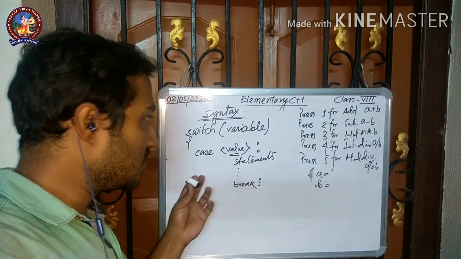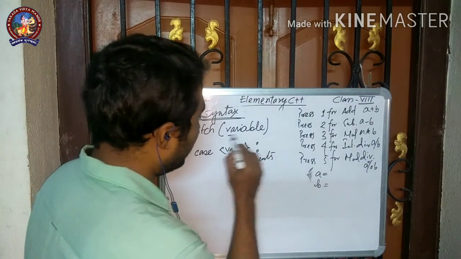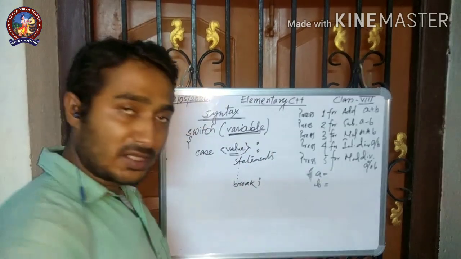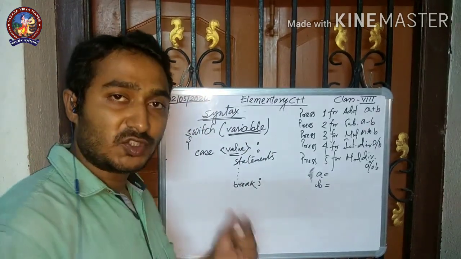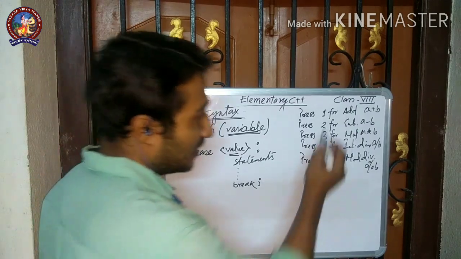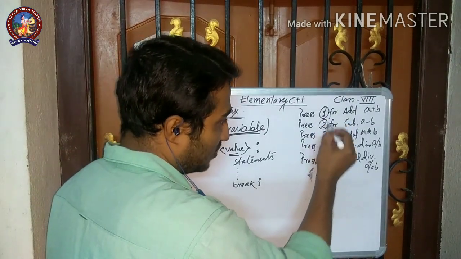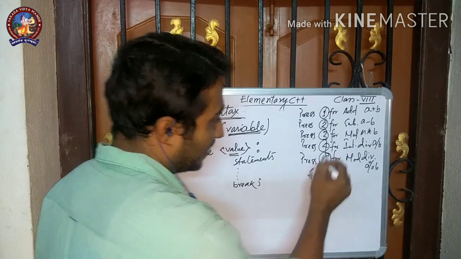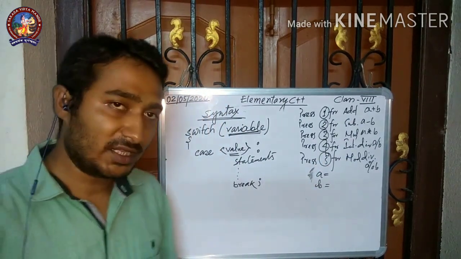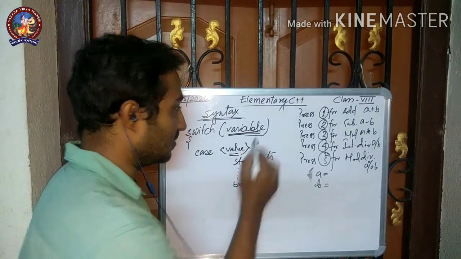We will do it using the switch case. So a variable is required. The variable is used to hold the choice of the user. Whatever choice is given by the user, 1, 2, 3, 4, that will be stored in this variable.